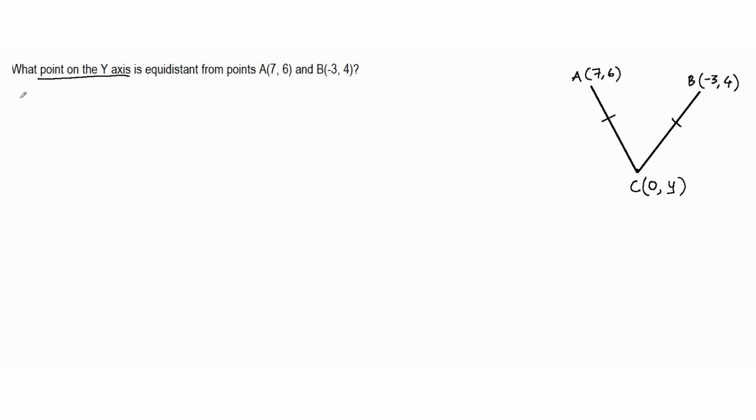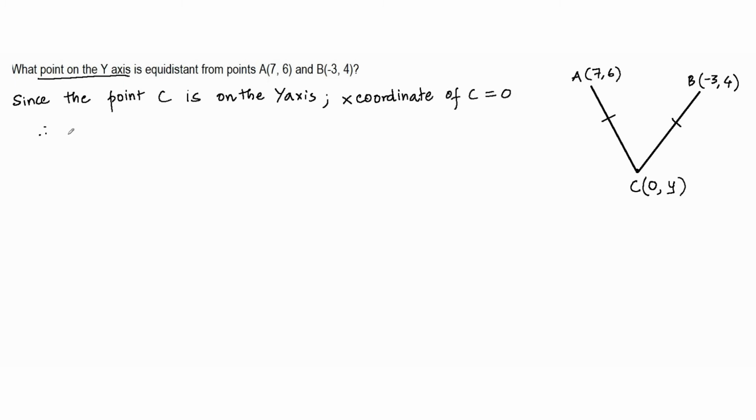So since the point C is on the y-axis, the x-coordinate of C is equal to 0. Therefore, let the point C be C of 0, y.